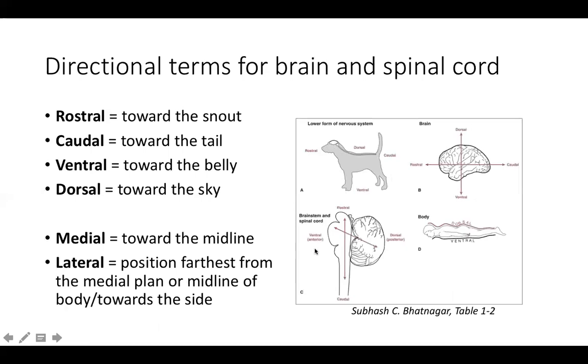And so ventral in this way for the brainstem would be, for us, in the front. And dorsal would be towards the back. And rostral would be up, and caudal would be down.